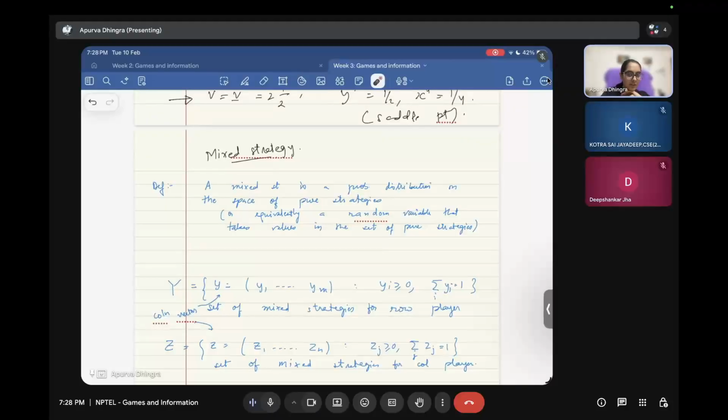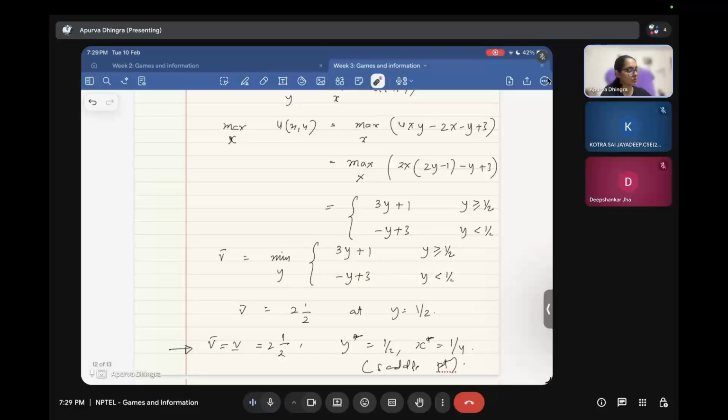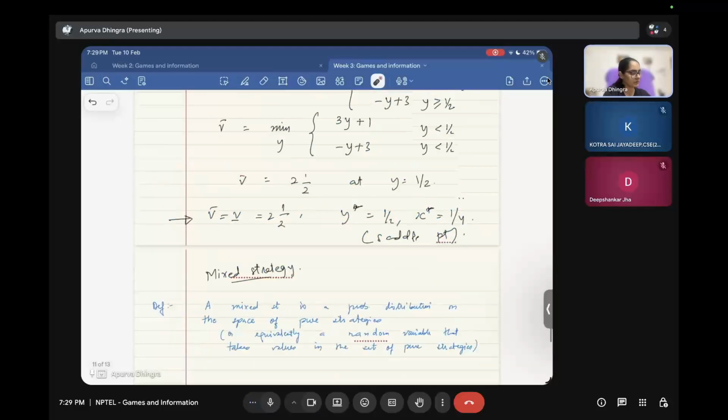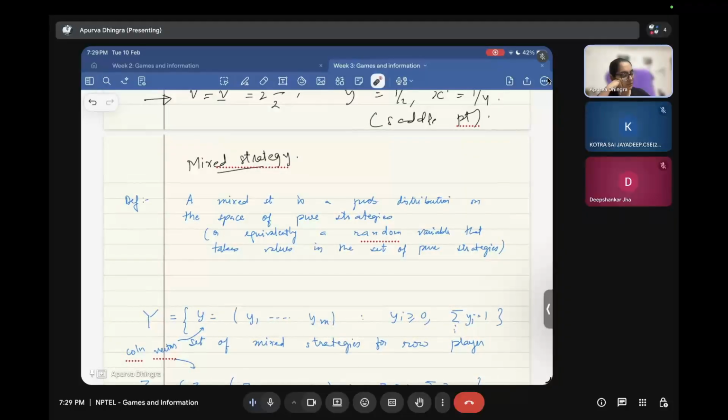But they can always send a fraction to location 1 and the other fraction to location 2. Suppose they had an army of 1 lakh soldiers; one strategy could be to send 75,000 of them to location 1 and the remaining 25,000 to the other location. A splitting of this kind, or a randomization of strategies, is what is referred to as mixed strategies. This is just putting a probability distribution on the space of pure strategies.